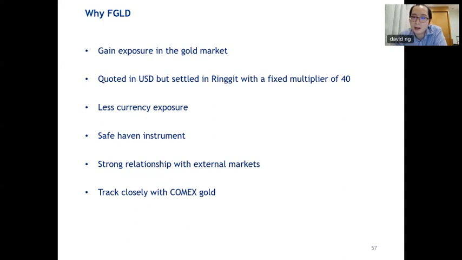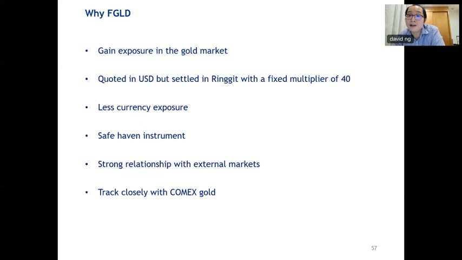You just need to open an account with a licensed broker, and there you can kickstart your journey into trading the gold market. Now, since the revamp, the new FGLD contract is based on a fixed multiplier of 40. It's a quanto contract. So technically speaking, you're looking at FGLD prices quoted in USD, which is similar to your COMEX gold prices.